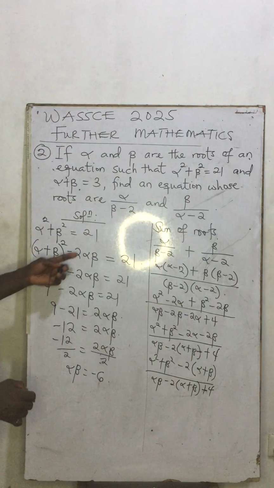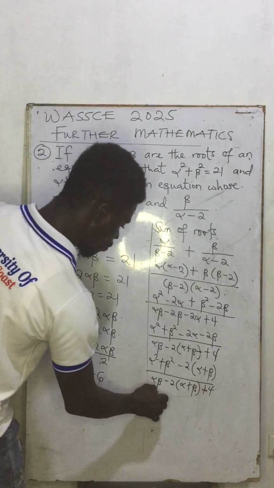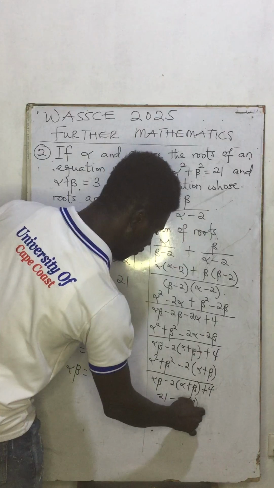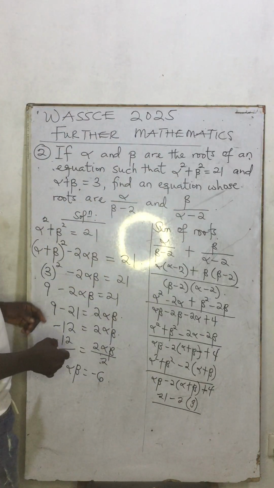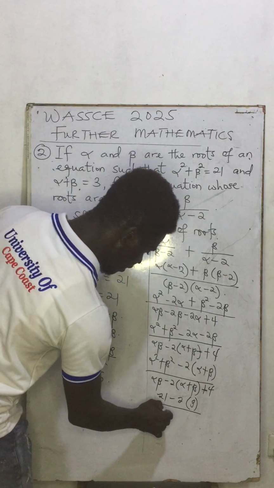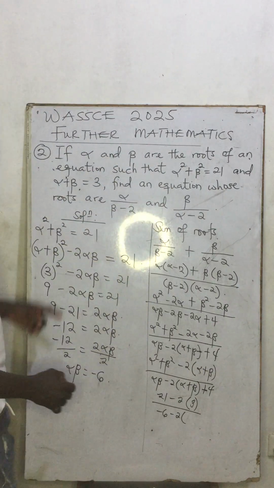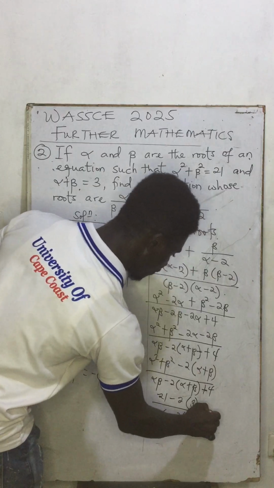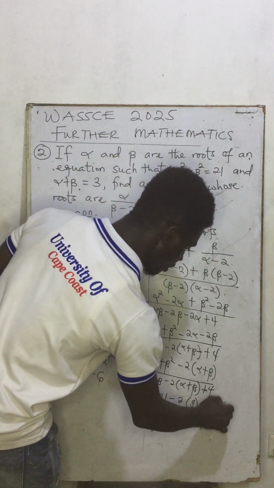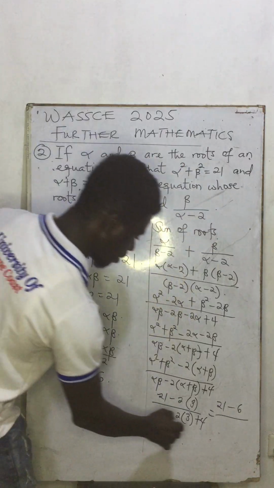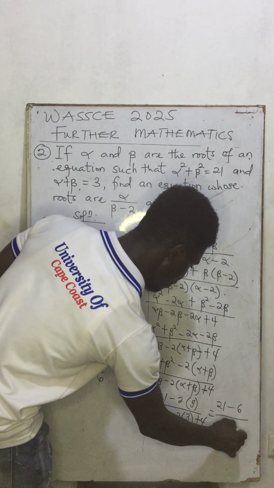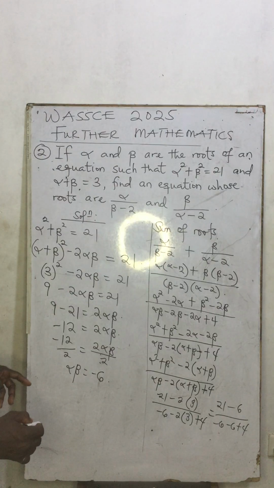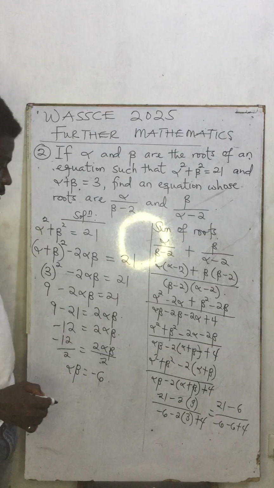Alpha squared plus beta squared is given as 21, minus 2 times alpha plus beta, which is just 3, alpha beta is -6, minus 2 times alpha plus beta, which is 3, and plus 4, is equal to 21 minus 6 all over -6 plus 4. So that's alpha plus beta, which is 3.